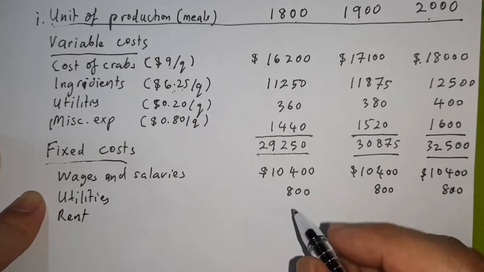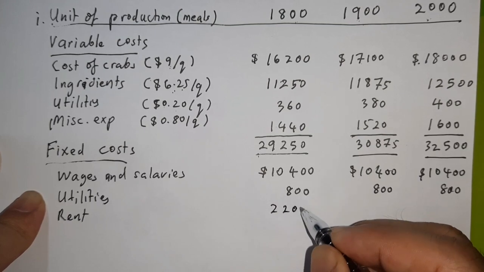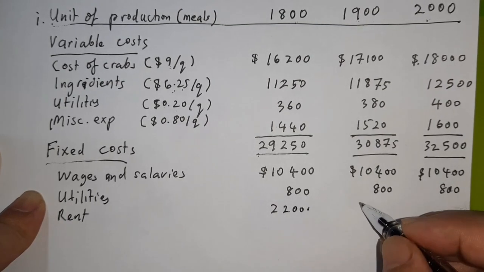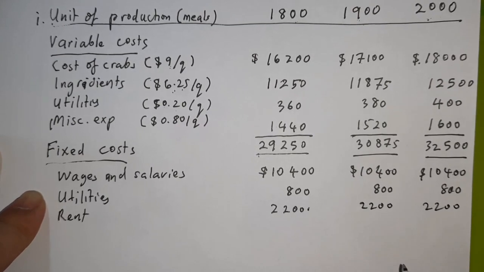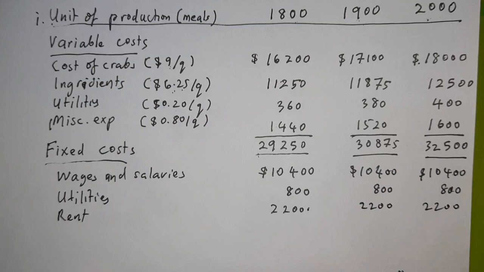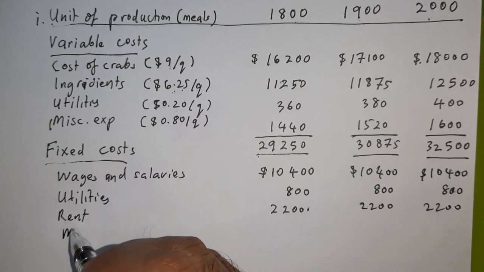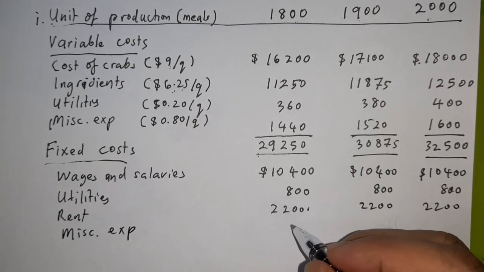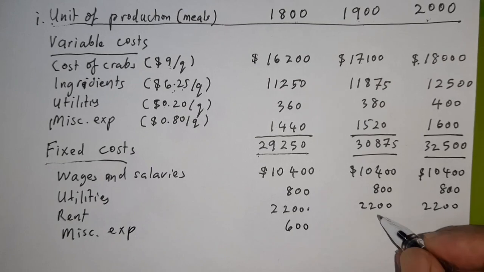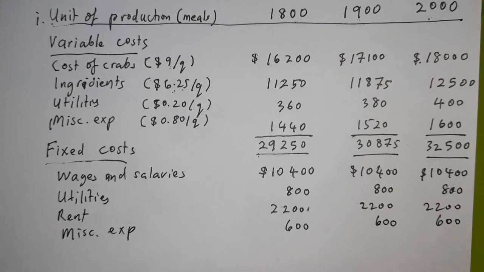The rental cost is 2,200, 2,200, 2,200. The miscellaneous, the next fixed cost is the miscellaneous expense: 600, 600, and 600. Okay, now you have listed all the fixed costs.